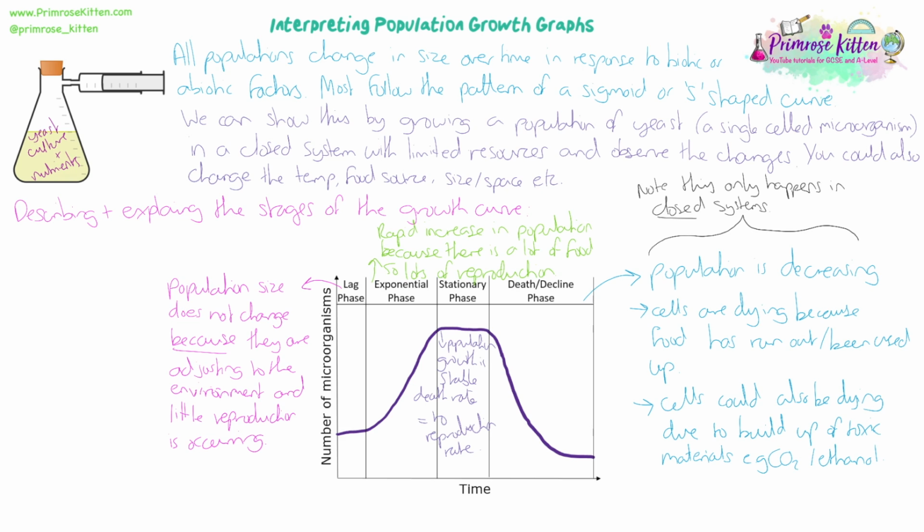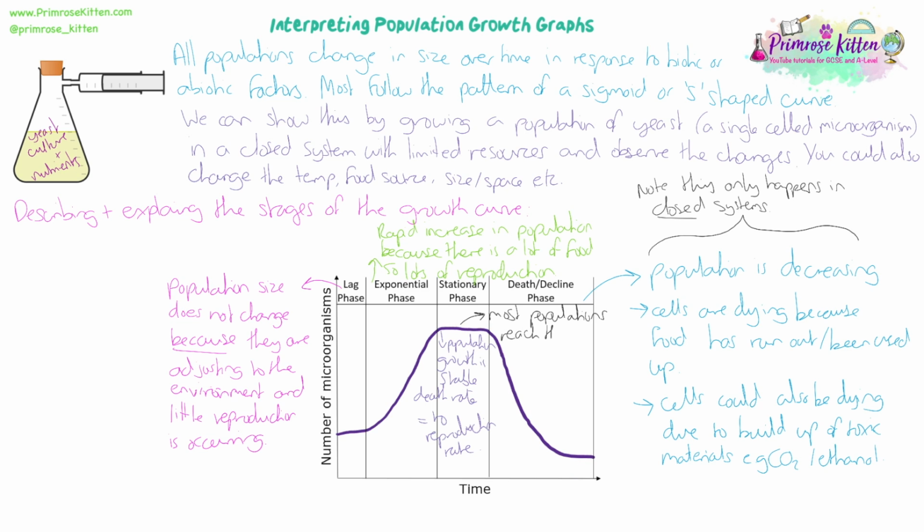So for this example, if we said they ran out of food, this would be what would happen, a decrease in population if their prey ran out, for example, or all of the trees that they need to eat suddenly died because of a disease. If there's that big change, then we can move into that death decline phase. And if you can think about it, this is what we saw in the predator-prey relationship, this peak and trough.